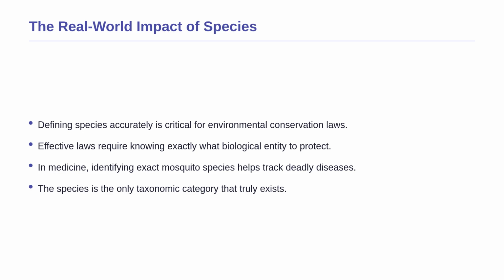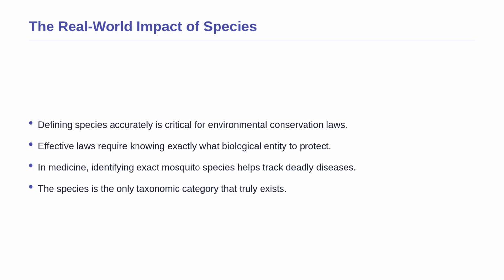You might wonder why we spend so much time and energy arguing over how to define a simple word like species. The truth is, defining species accurately is absolutely critical for almost everything we do in biology, conservation, and medicine. If we do not know exactly what a species is, we cannot pass effective laws to protect endangered animals because we would not know what biological entity we are trying to save.